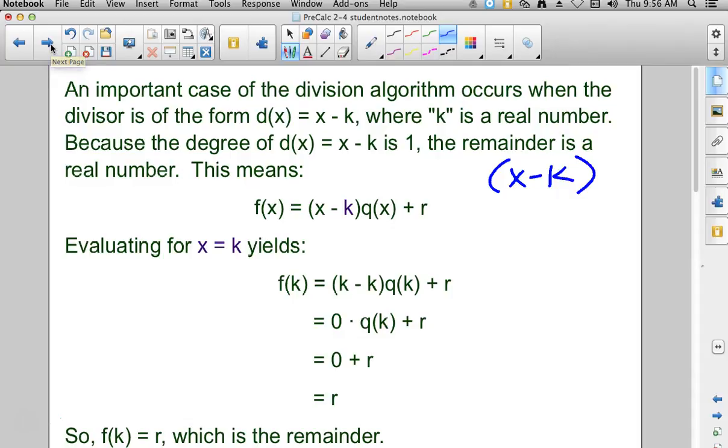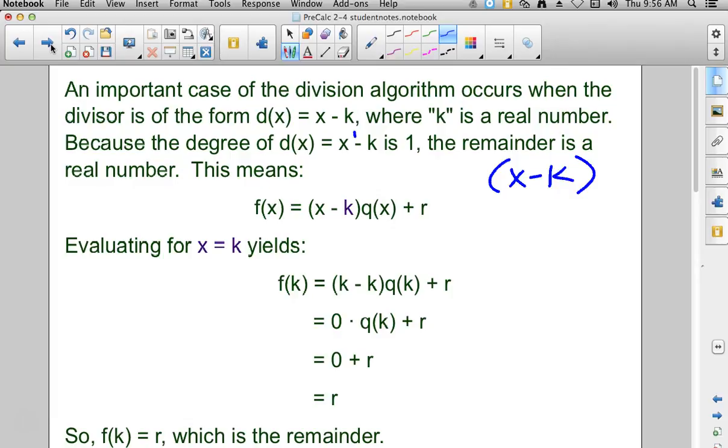I mean, that's when we're factoring. We get x minus h, x minus k, all of that good stuff in there. And it says this is a special case. Well, of course it is, because this is how we find zeros. This is a really special, important case. And it says where k is a real number, because the degree of d of x equals x minus k is degree 1, and the remainder is a real number.